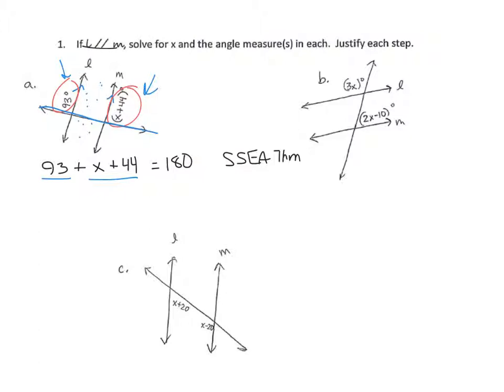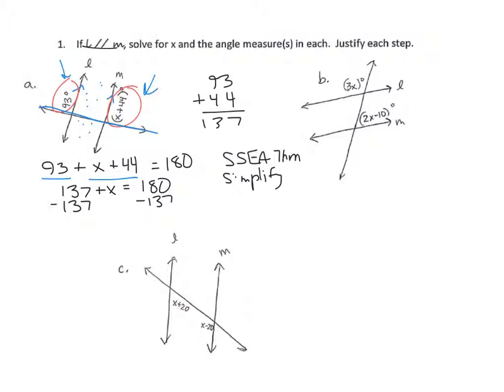So now I'm going to add 93 and 44. So then it's 137. So 137 plus x equals 180. So what I just did is I combined like terms, or I simplified. And now I'm going to use the subtraction property of equality and subtract 137 from each side.